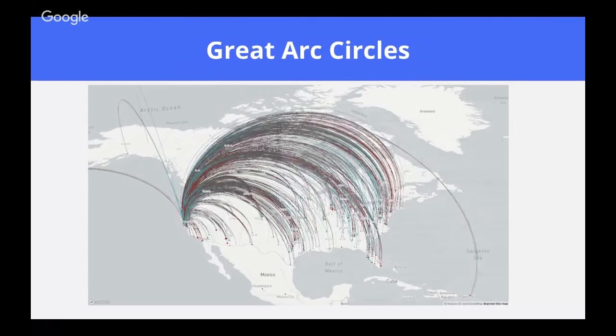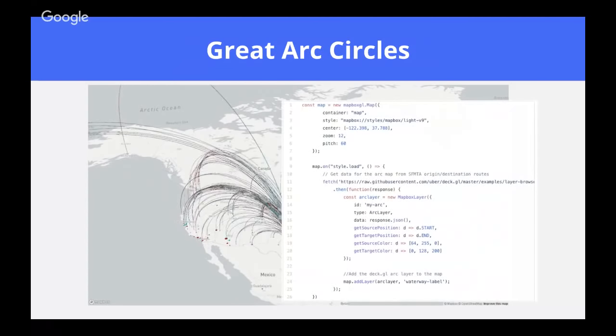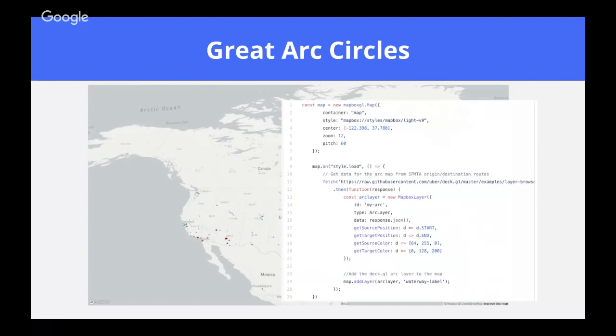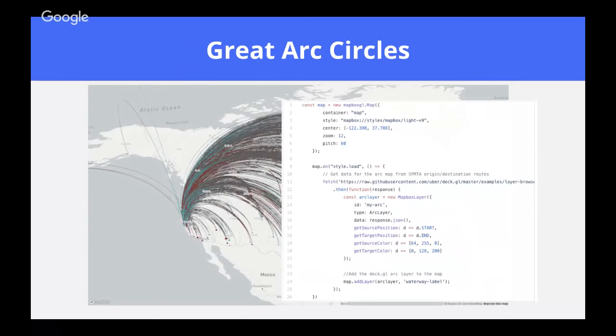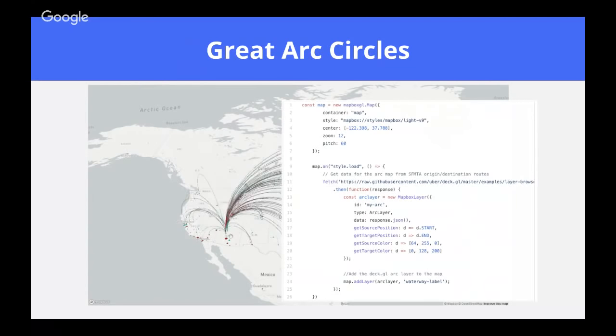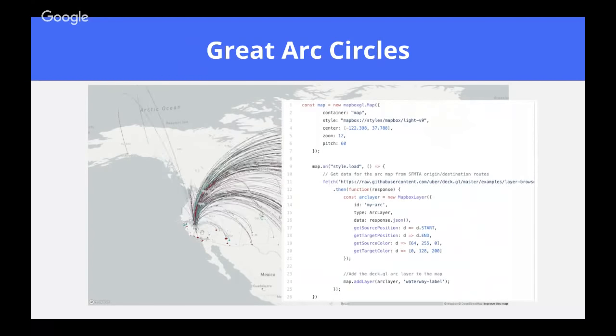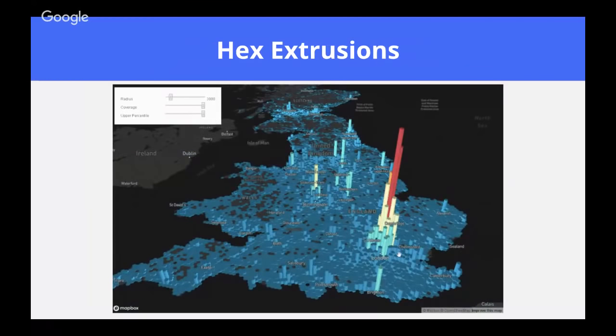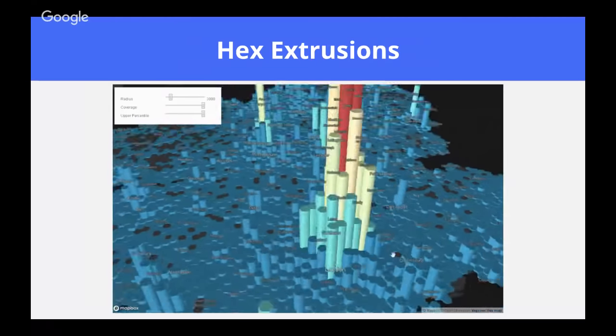Developers can create this visual by adding a Deck.GL layer at runtime. And so you can see this is a basic amount of code to get a visual like this. This isn't the exact source code of the visual, but we can share that after the fact. But you can add these complex data visualizations in just a few lines of code. Another example of how you can use Deck.GL is to create hex bins.